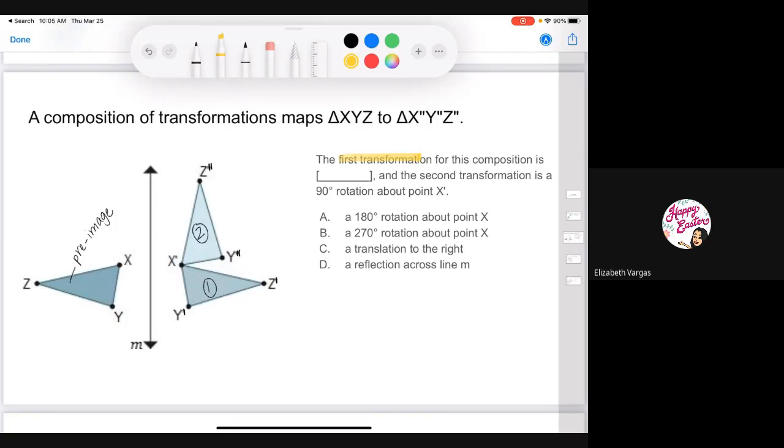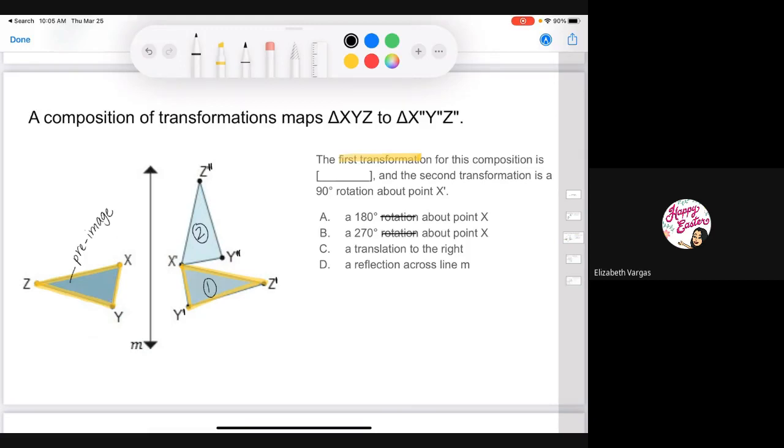So how do we get our first transformation? How do we get from the pre-image to our first image after our first transformation? That's what that 1 represents. Well, is it a rotation? It doesn't actually look like a rotation. Is it a translation to the right?